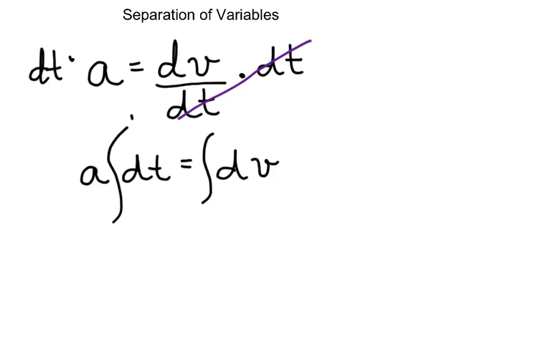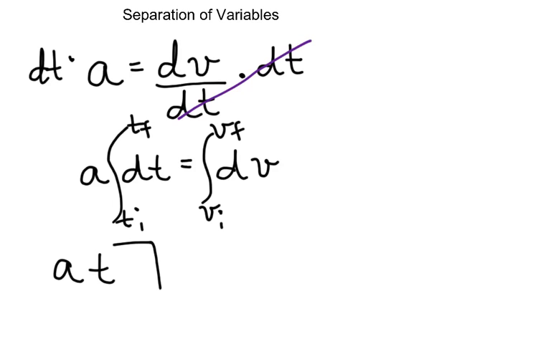And I can make it a definite integral by plugging in my limit values. The left side of the equation, I just bring down that constant. Now, what is the antiderivative of dt, which is basically what is the antiderivative of 1? Well, that gives me the variable t.